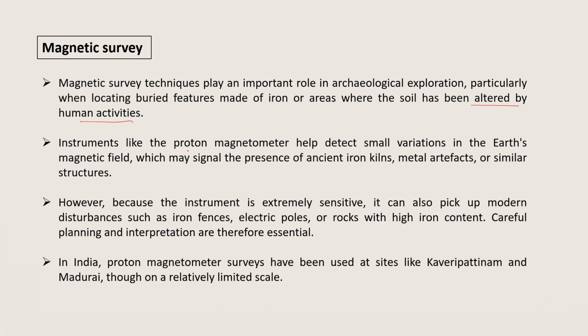Instruments like the proton magnetometer help detect small variations in the earth's magnetic field, which may signal the presence of ancient iron kilns, metal artifacts or similar structures. However, because the instrument is extremely sensitive, it can also pick up modern disturbances such as iron fences, electric poles or rocks with high iron content.